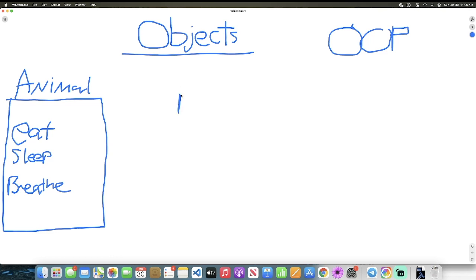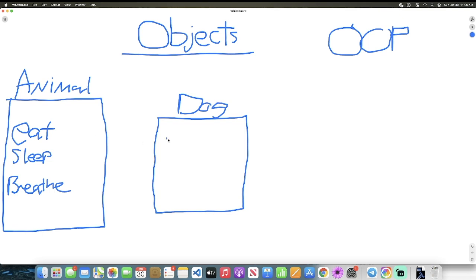Now, what about specific animals? So, I don't know, like a dog. Are dogs the same as all animals? No. But dogs are animals. So one could assume that a dog also eats. It also sleeps. And dogs also breathe, right?